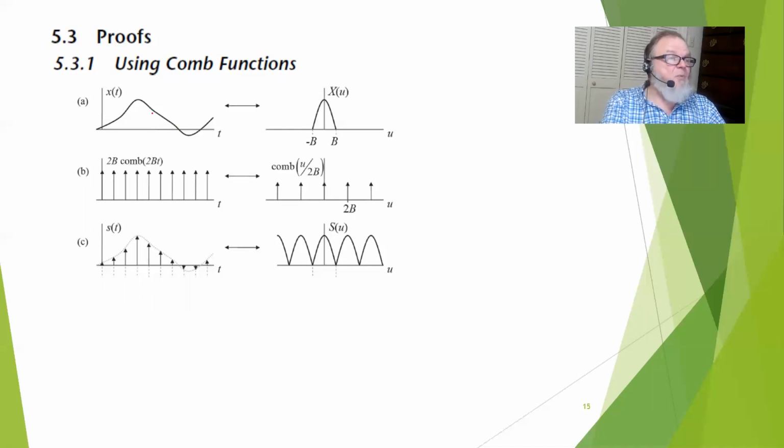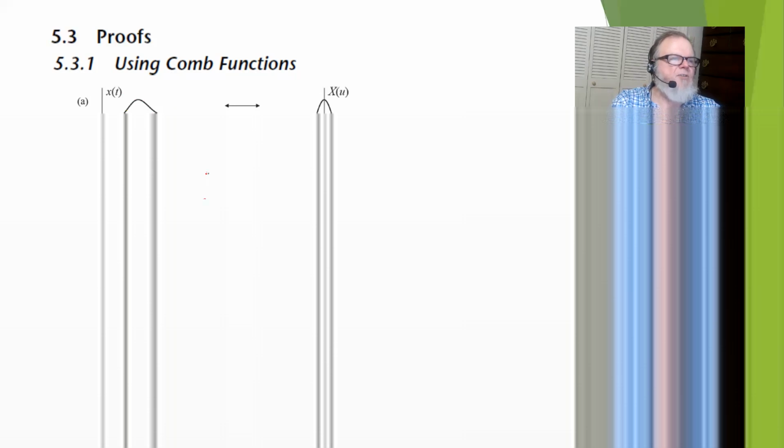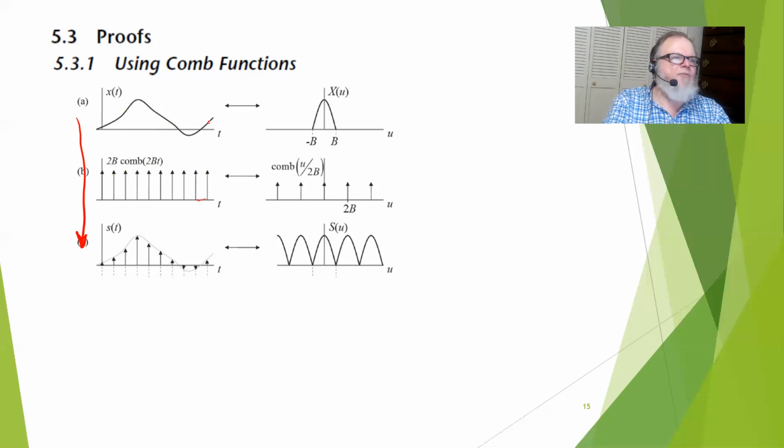Pay attention to what's happening in time here, because that's what's happening intuitively. Intuitively, we're taking a signal and multiplying it by this comb function. And what happens is, every place this is zero, it's going to zero out the original signal.